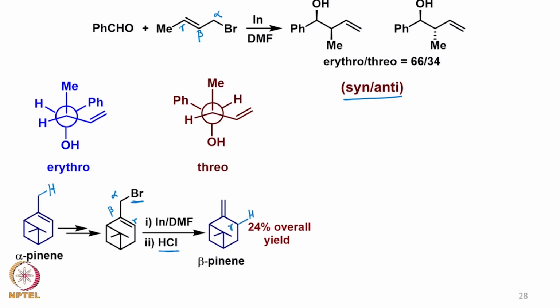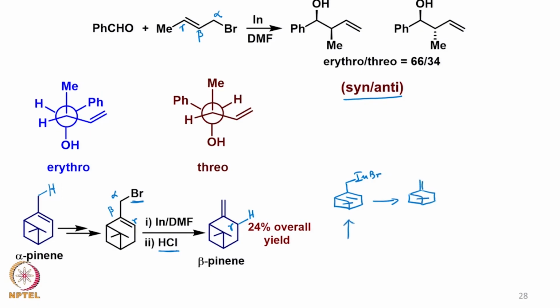So basically what is happening is the reaction of pinene occurs in such a fashion that you have an indium bromide, I will put it in this fashion, and then you get a product which is this.